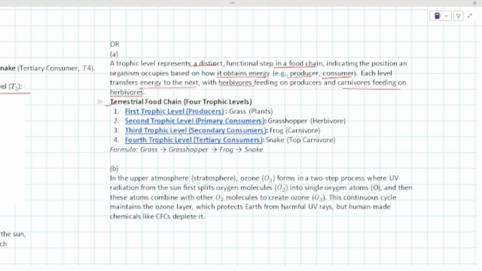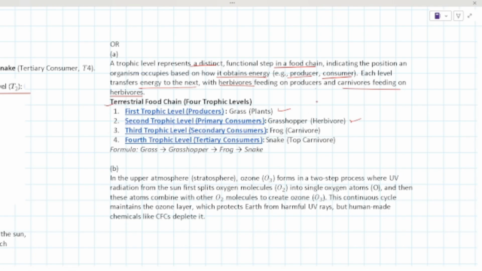Now here the terrestrial food chain, the full trophic level. The first trophic level is the producer, which is grass or the plant. The second trophic level is the primary consumer, known as grasshopper. It may be deer, any herbivore.